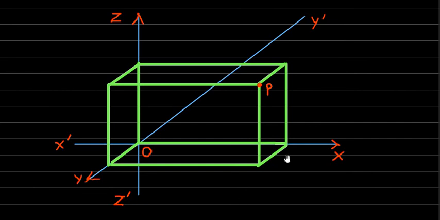The plane which is enclosed in the x and z axes, XOZ, means this plane, is called the xz plane. Then the plane which is enclosed in the y and z axes, YOZ, means this plane, is called the yz plane.